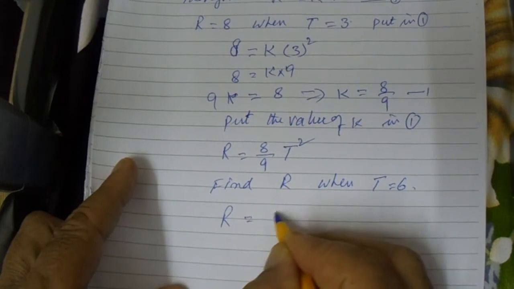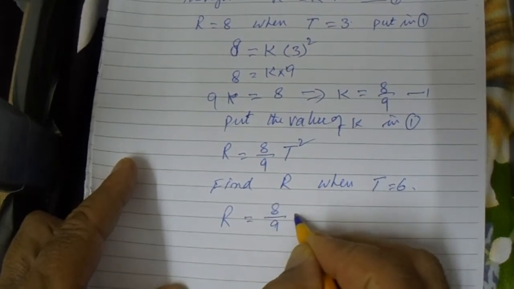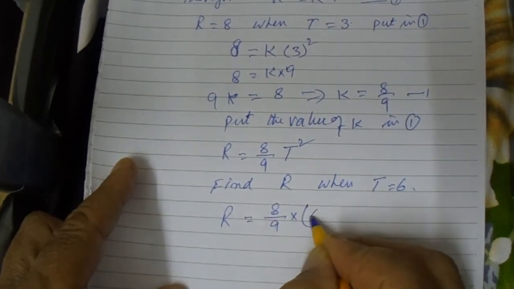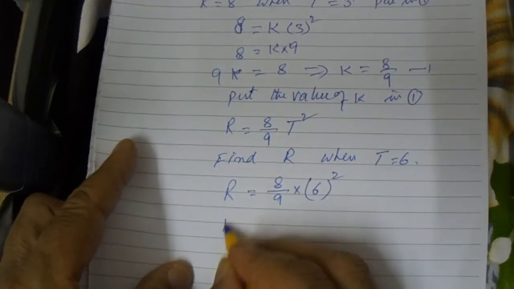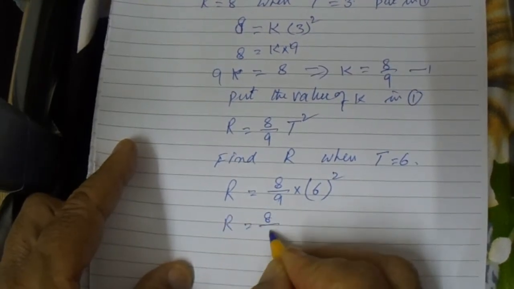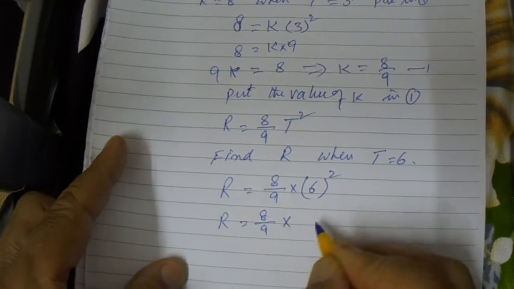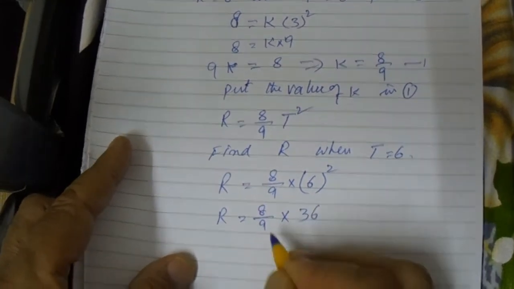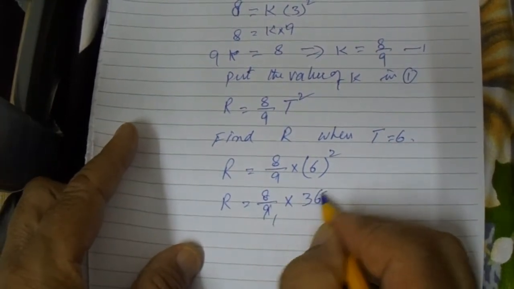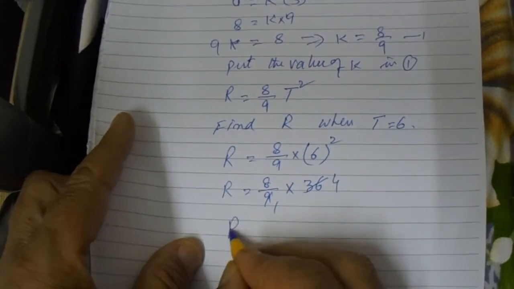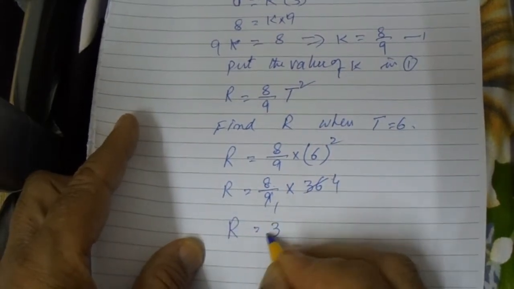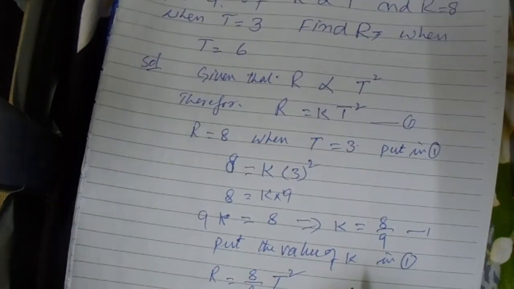R is equal to 8 by 9 multiplied by 6 square. I write R is equal to 8 by 9 multiplied by 36, and 9 fours are 36, and R is equal to 8 fours are 32. Now this is the answer of this question.